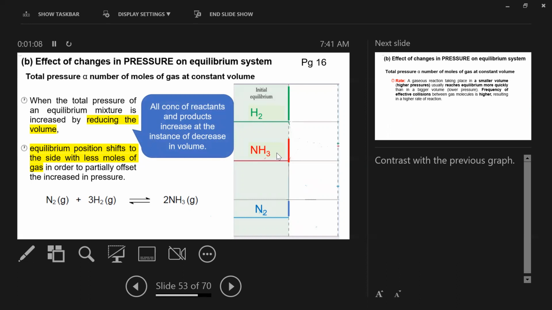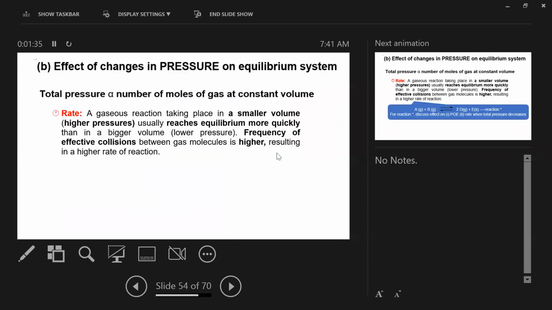So when you read a graph and you observe them shooting up simultaneously at that particular instance, that must be due to changes in volume of the vessel, nothing else. If it's just one particular increase, then that is through introduction of that particular substance only, with no effect on the volume of the vessel. So when you read the graph, you must know what is going on.